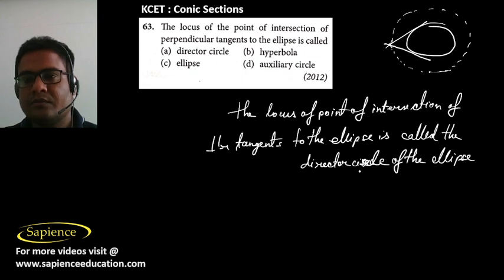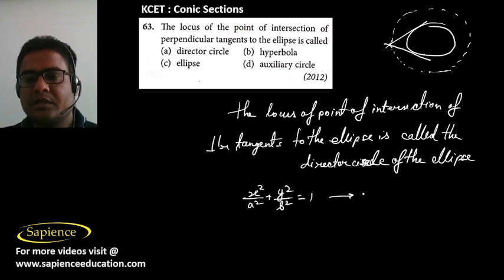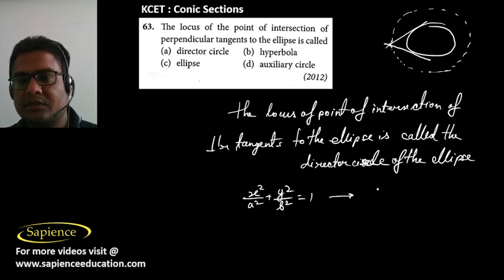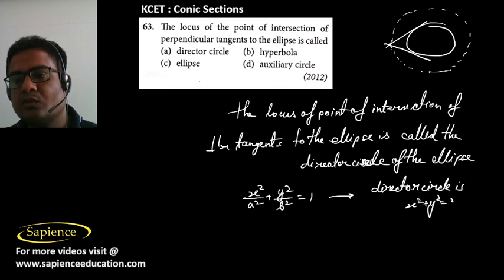Now if x square by a square plus y square by b square equal to 1 is the equation of the ellipse, then the equation of its director circle is x square plus y square equal to 2a square.